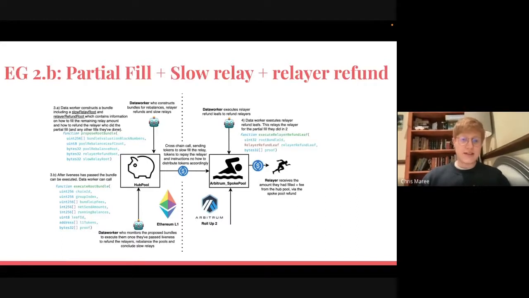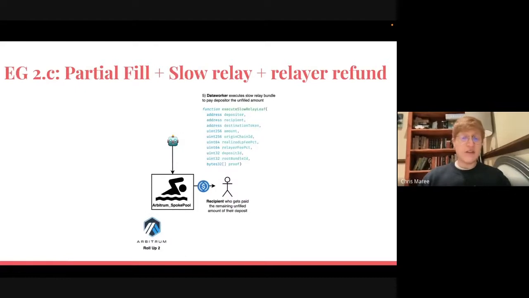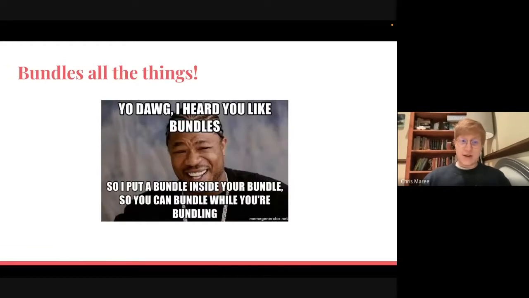In this case, they are distributing some funds to the relayer, and they're also filling the remaining amount of the deposit that wasn't filled by the relayer in the beginning. We'll go into how they're constructed later and look at the details, but for now, that's sufficient. So yeah, bundles, and we've got bundles in bundles, and we're going to get to all the details of these in a minute.